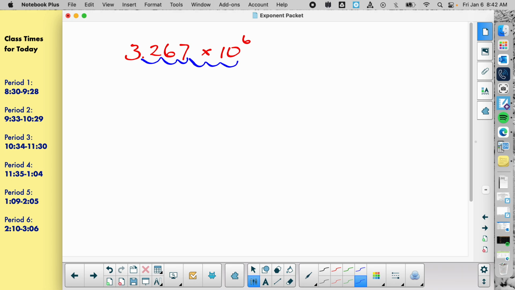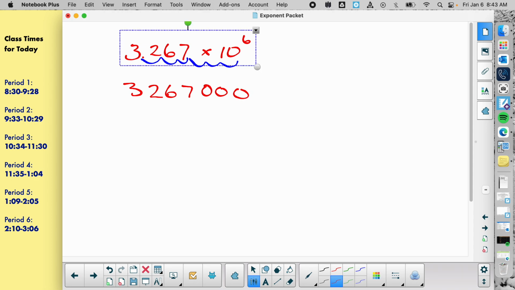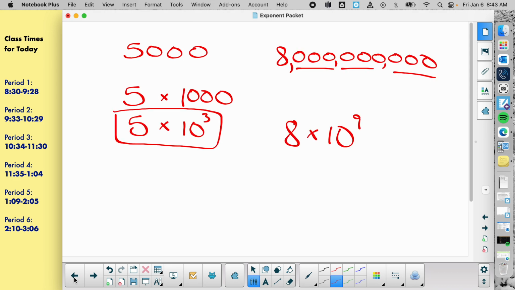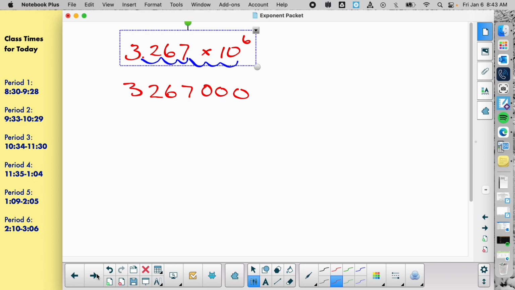There are 3 blank places, so those would be the zeros. Most people like to think about this number up here as how many places you move the decimal point. It's really easy when there's no decimal point, like a 5 or an 8. But as soon as you have a decimal point, it kind of looks different.